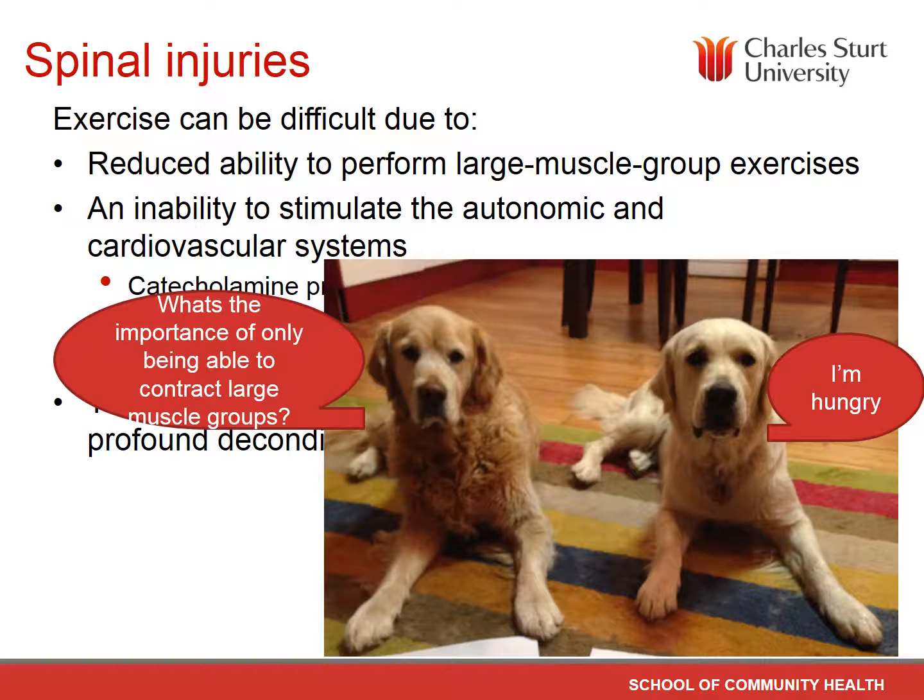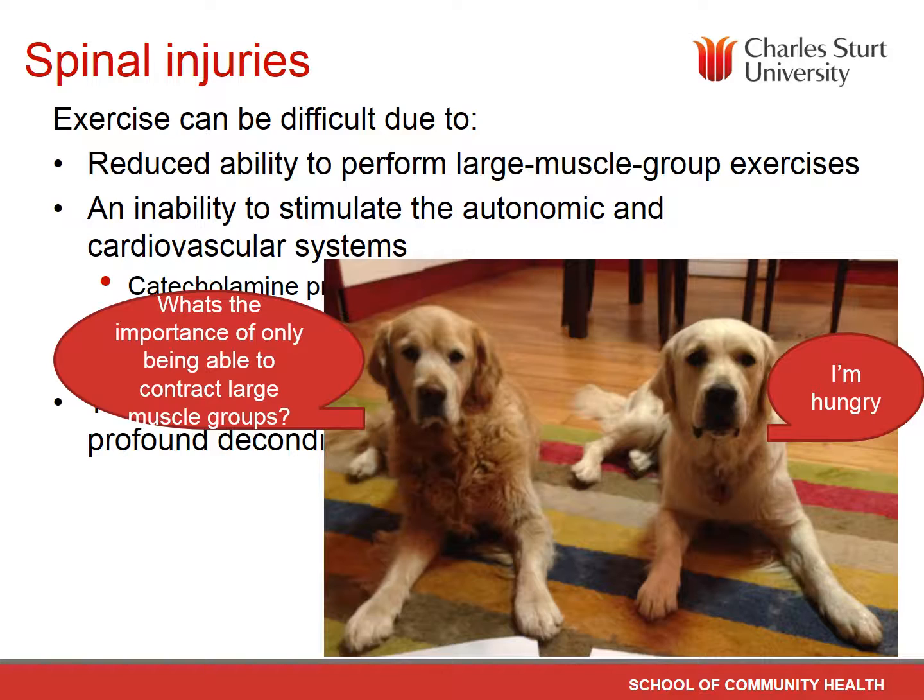Now, if somebody can't contract large muscle groups, then it's going to be much more difficult for them to have any of the cardiovascular effects from exercise training, because we're not going to have enough muscle groups contracted, so we're not going to increase blood flow enough, and we're not going to increase venous return enough to have many of the cardiovascular effects we'd like to have.